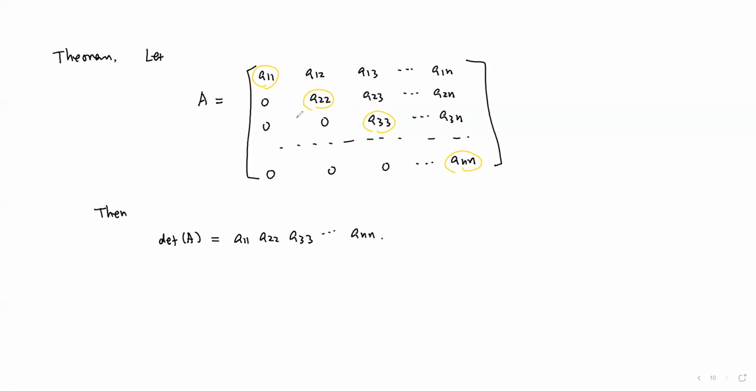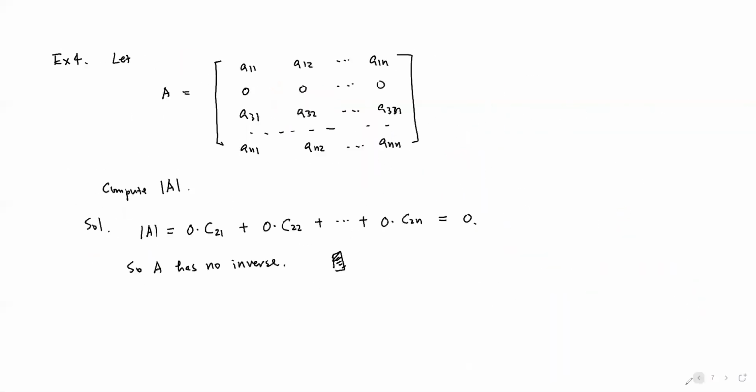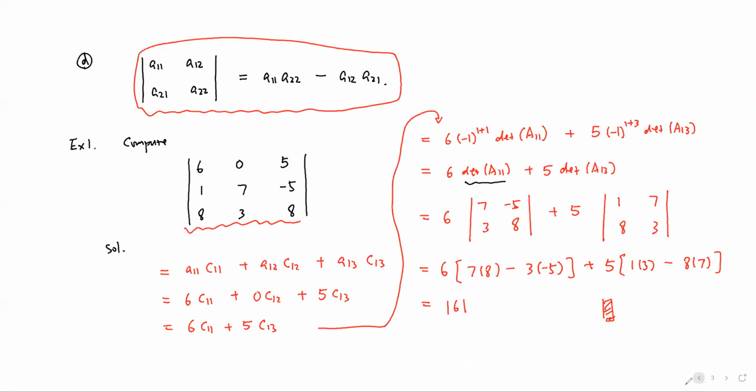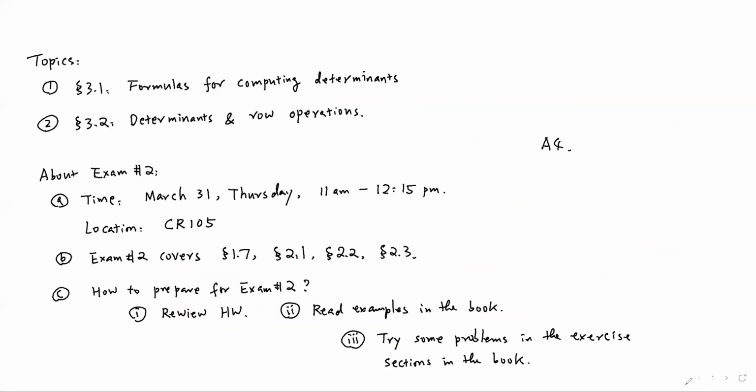So the determinant of an upper triangular matrix is just the product of the main diagonal entries. This is topic 1 today. Now, second topic. What is the second topic?